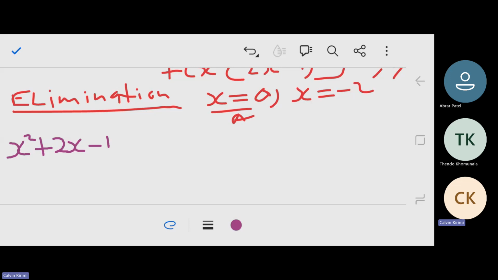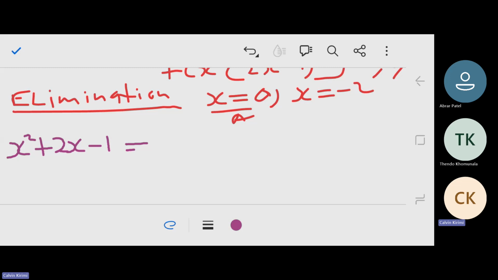Some of the steps you must write them down, so you should also copy the step. So x squared plus 2x minus 1 will be equal to, now B and C have vanished. They are zeros.